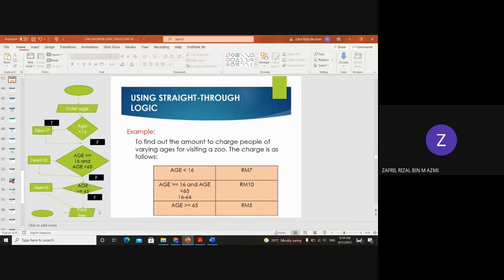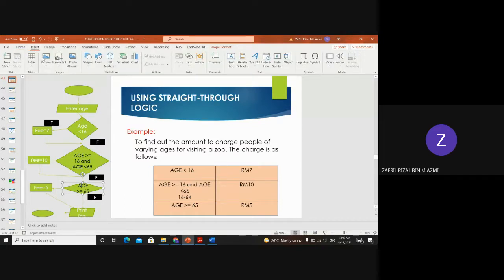Okay, so it will look like this. It doesn't look like the positive logic. If you have 3 over here, 3 minus 1, we use only 2 decision symbols. But for straight through logic, if we have 3 decisions, we put 3 symbols, because it needs to check all the decisions one by one.